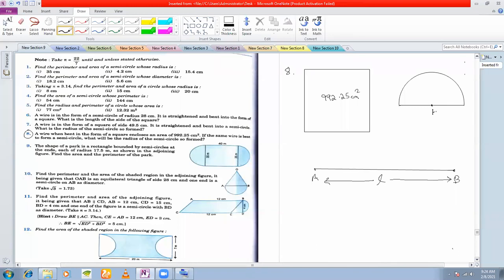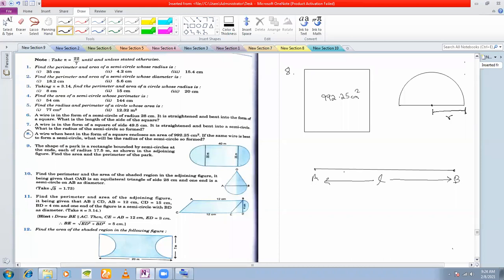So I need to find out the radius of this semicircle, this length r. In the previous question, first we were making a semicircle whose radius was given to you, and then we were making a square. And here, first we are making a square and then we are making a semicircle.